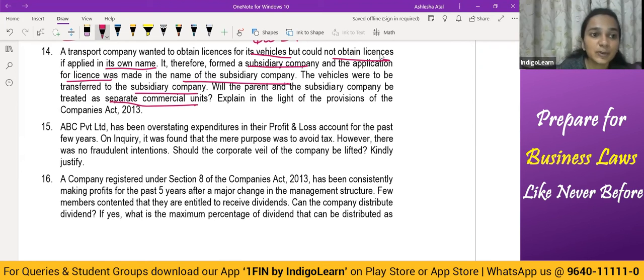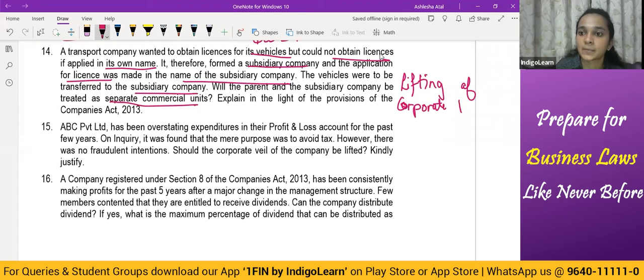Now, as soon as you look at this particular question, this particular case study, what comes to your mind is lifting of corporate veil. There's a case law which we had seen on the similar lines, wherein a parent company, holding company could not obtain licenses. So it tried obtaining licenses by forming a subsidiary company.